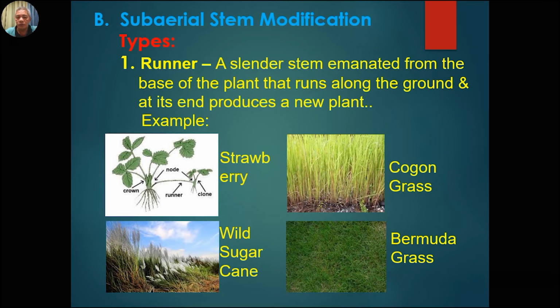There are types of this subaerial stem modification. We have the runner. A runner is a slender stem emanating from the base of the plant that runs along the ground and at its end produces a new plant. Examples are strawberry, wild sugarcane, then cogongrass, which is very much common, and Bermuda grass.